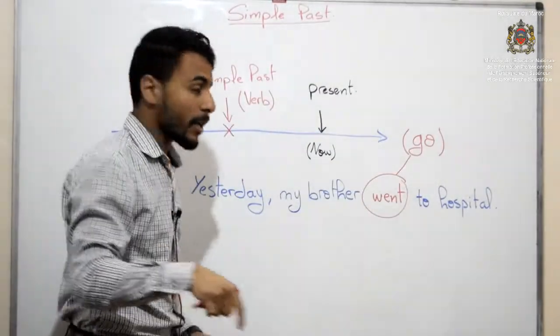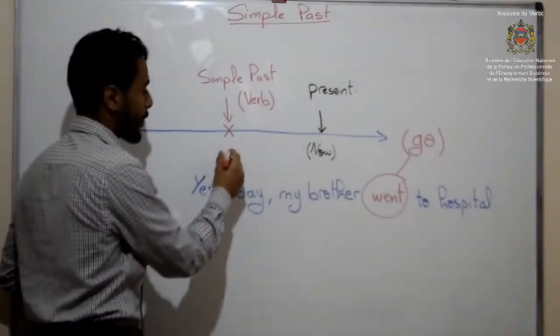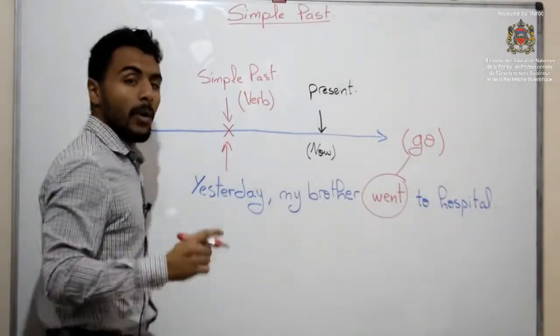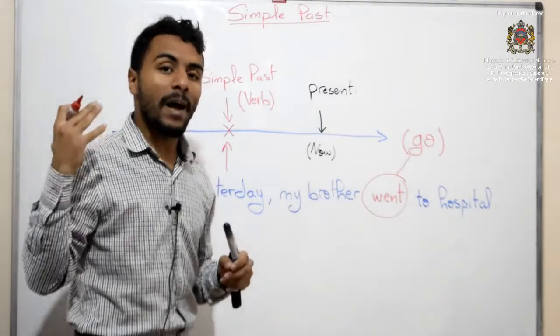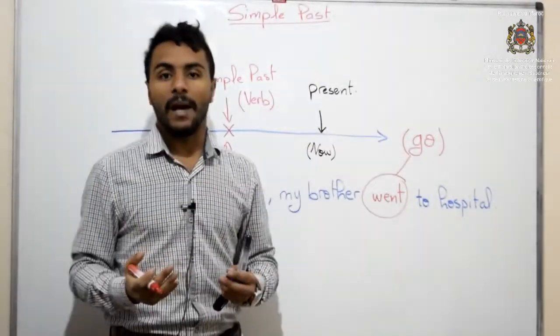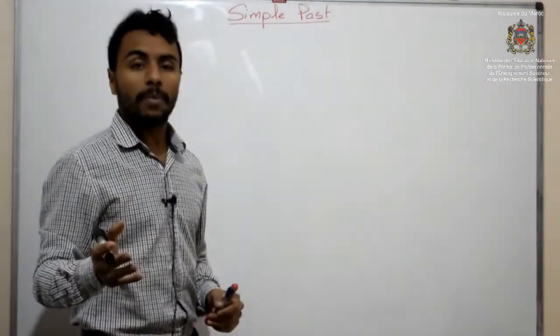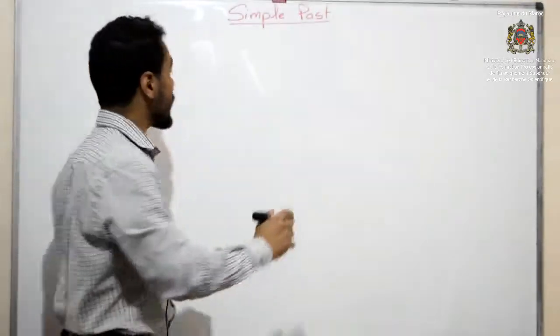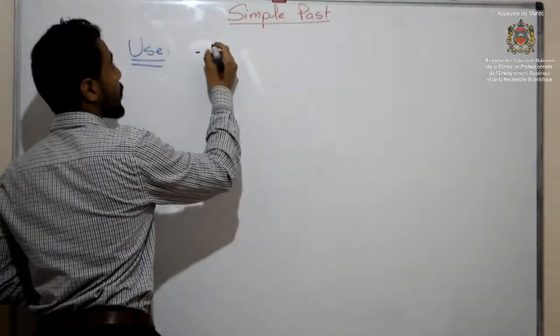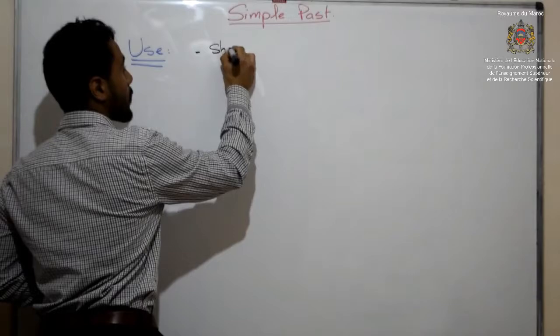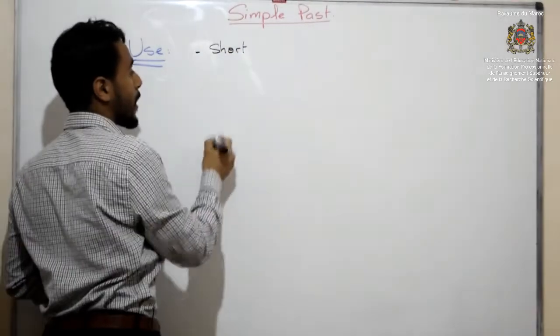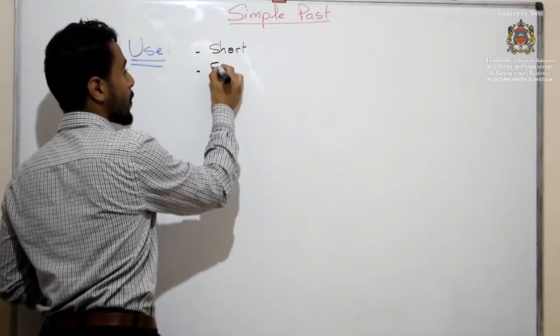It's not now, it's yesterday. So the action is in the past. Now, this is the simple past. In general, we use the simple past when we talk about an action that is short and finished.